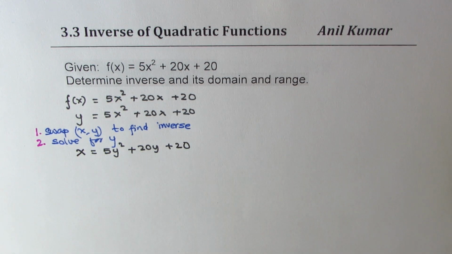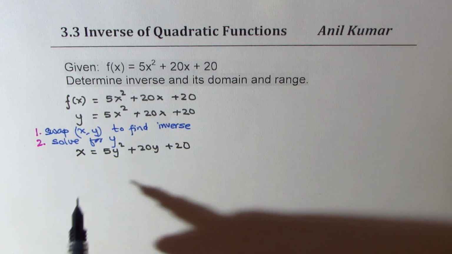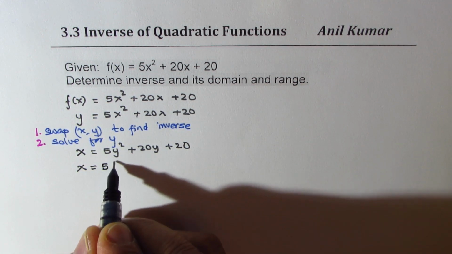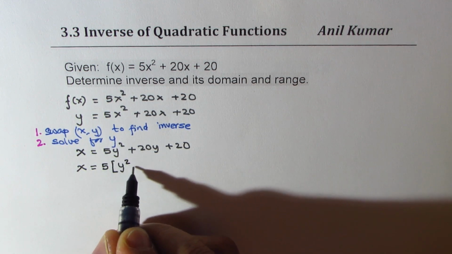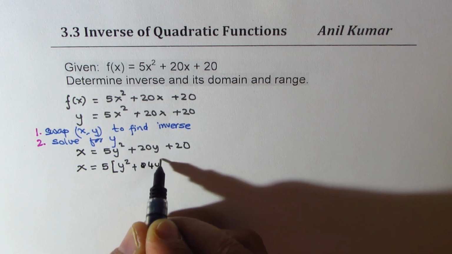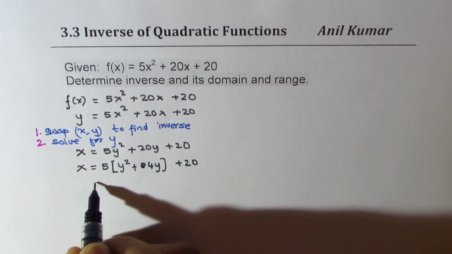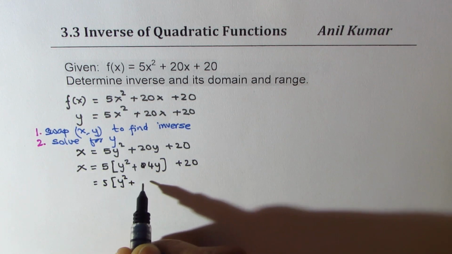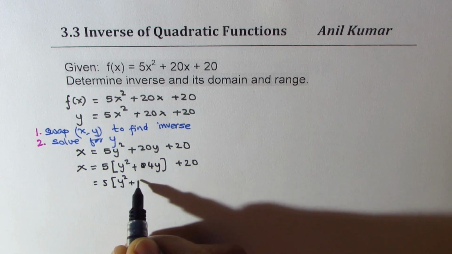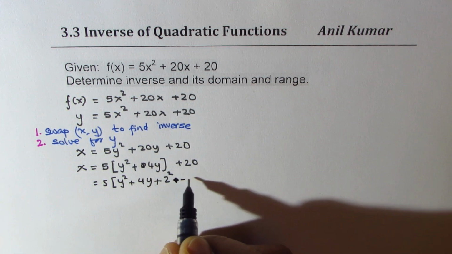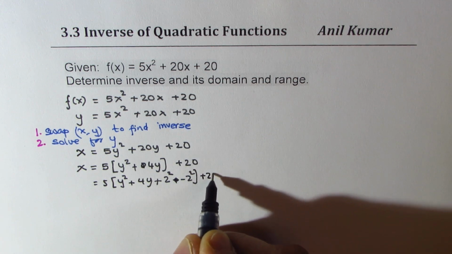Now to solve for y, what should I do? Well, you learned in quadratics that we could complete the square. We do that by factoring out 5 from the first two terms. So 5 times (y squared plus 4y) plus 20. Now we'll take half of 4, which is 2, and add and subtract its square, 2 squared.